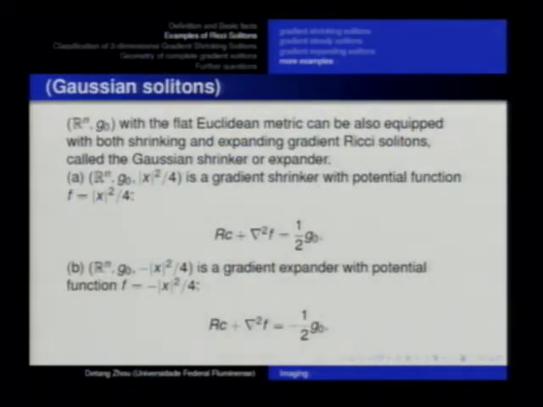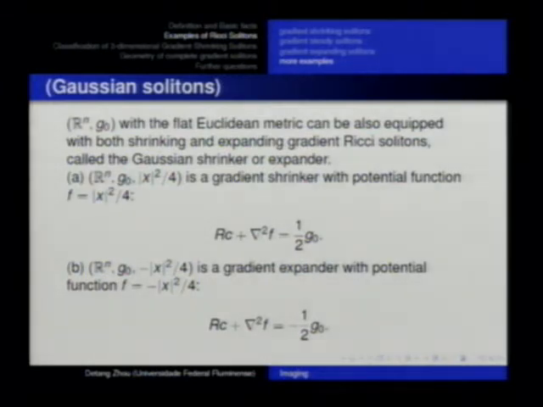I cannot conclude the examples without mentioning the special example of Gaussian solitons. This is a special case. If you have the standard metric of Euclidean space, it can be shrinking, steady, and expanding. If you choose this potential function, which comes from the heat kernel, you have this. This is a shrinking case because Ricci is 0 and the Hessian is half of the metric.